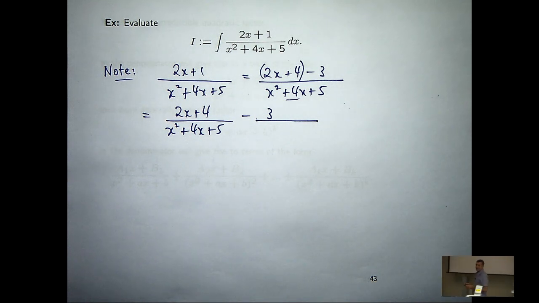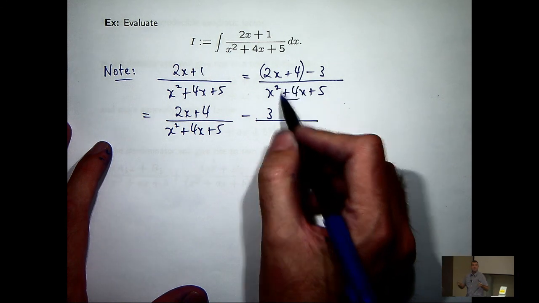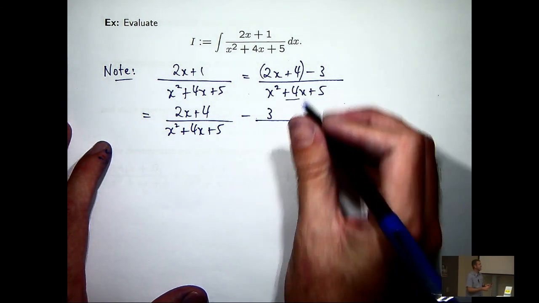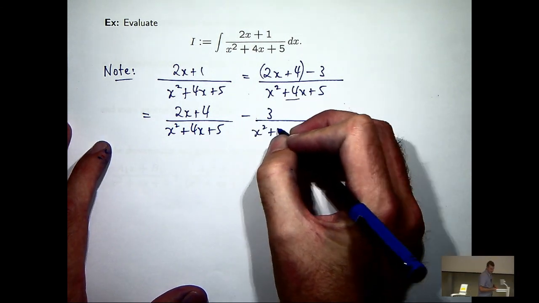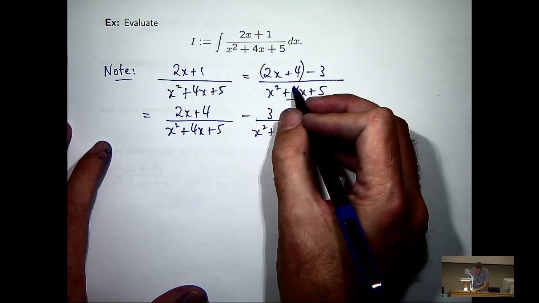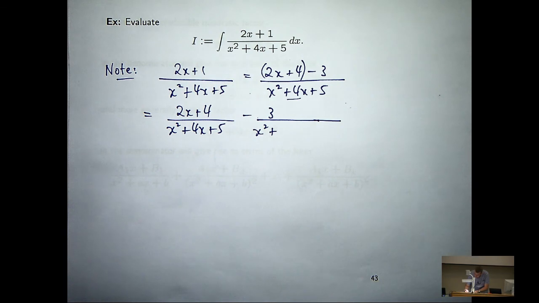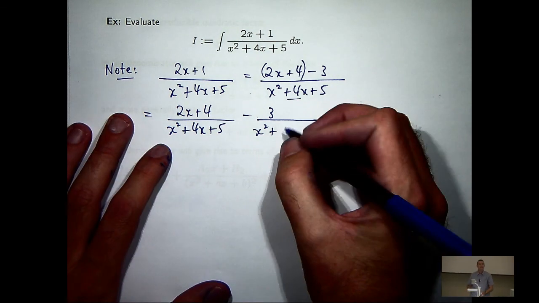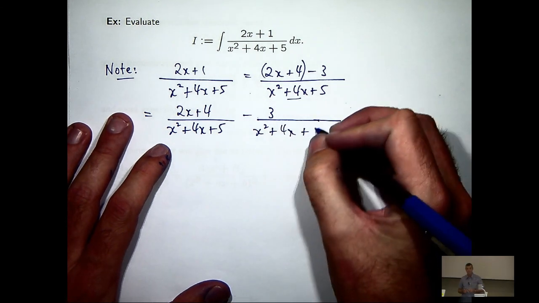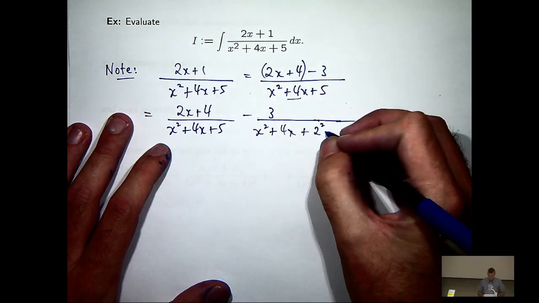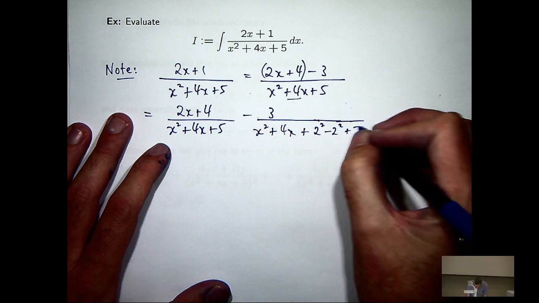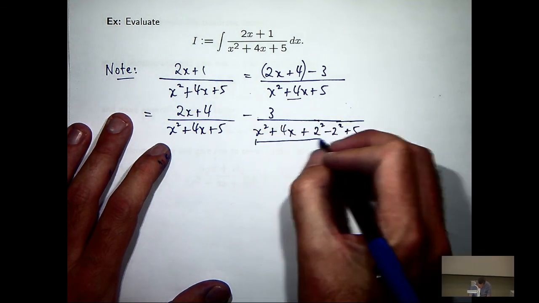So this is a positive 4. You halve it, square it, add it, and take it away. Let me show you what I mean. So that's exactly what I've done.